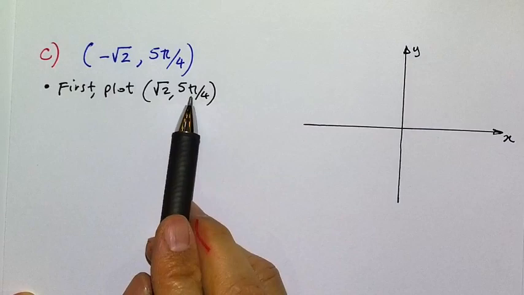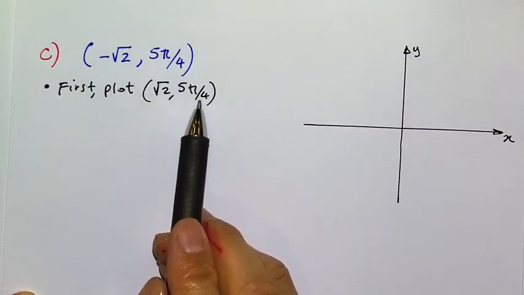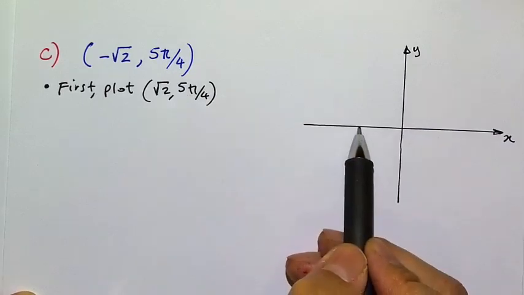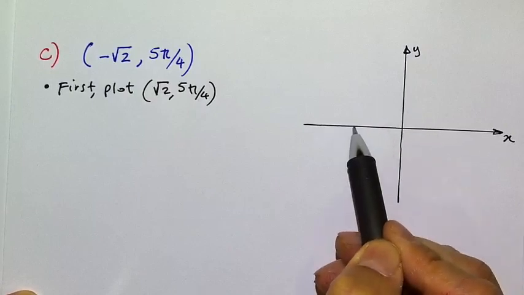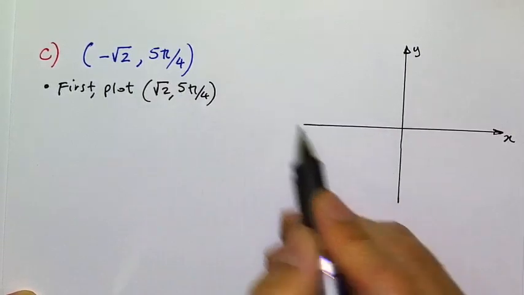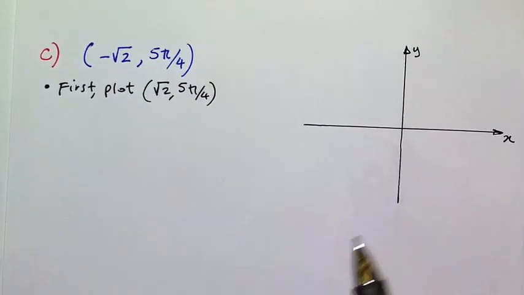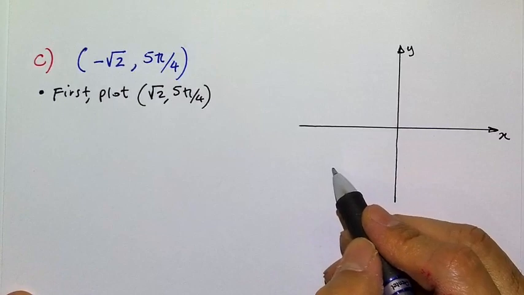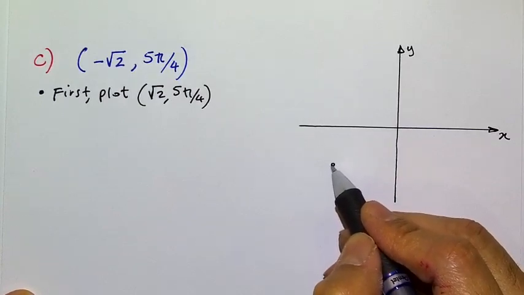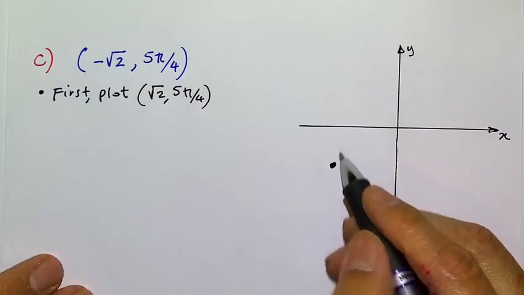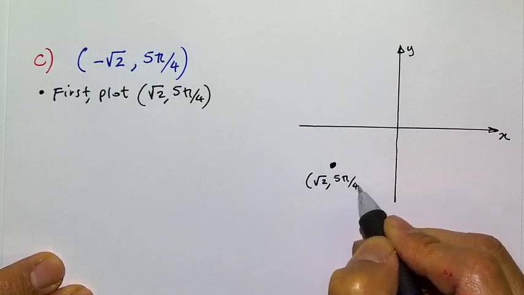Notice that 5 pi over 4 is slightly larger than 4 pi over 4. 4 pi over 4 would put me here, moving in the counterclockwise direction from the polar axis. But this is a little bit larger, so it's going to be in the third quadrant, this point, not the point we have. So just like last time, I will draw this in the background with a dashed line, and this is square root of 2, 5 pi over 4.